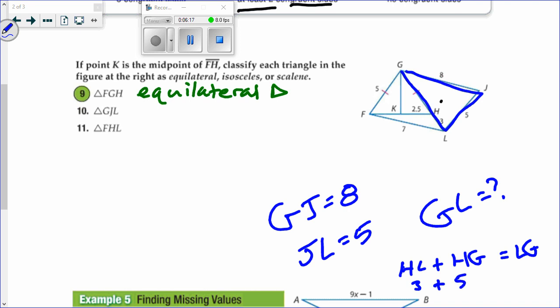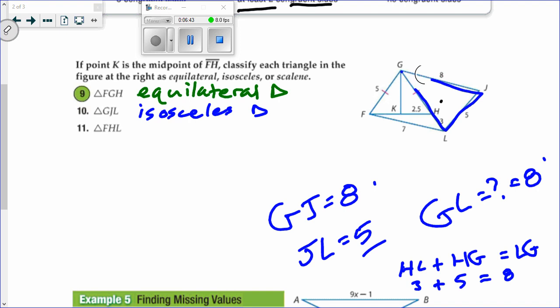That must be equal to 8. So GL must be equal to 8, we have found. So we've got a side that's 8, another side that's 8, and a side that's 5. Two sides are the same, so that makes this an isosceles triangle.